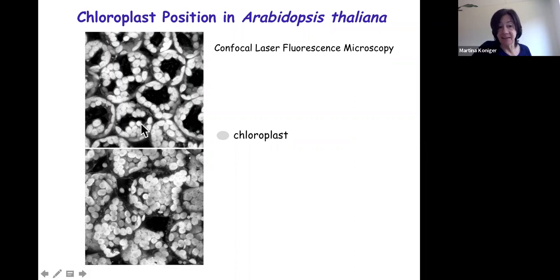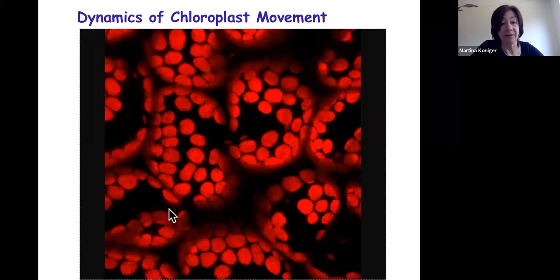In this case, the light colored parts are my chloroplasts, where photosynthesis takes place, and you can study where they are, where they go, and things like that. If you're studying chloroplast movement behavior, you will spend a lot of time in front of a microscope, right?